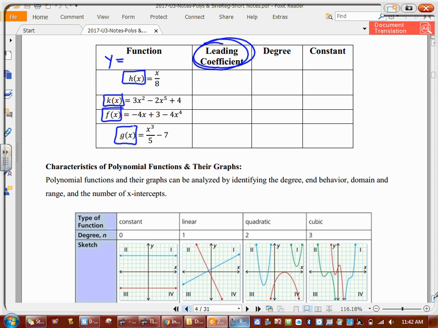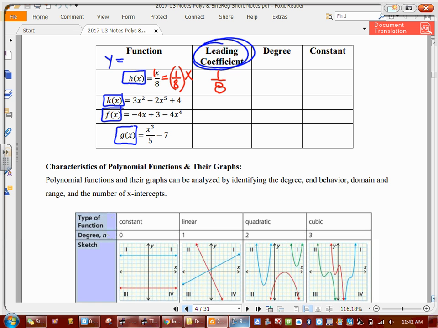The x will always slide to the top number. So it's actually 1x over 8. So the coefficient here is 1 over 8. Okay? The degree is your highest exponent on your variable. And in this case, we have a hidden 1 on our variable, so it is a 1. Do we have a constant? No, not applicable in this case. We do not have one.